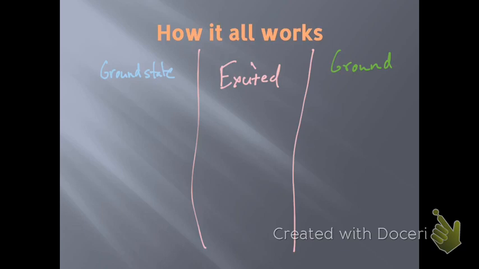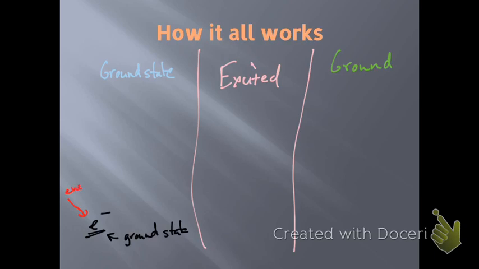Let's imagine we have an electron hanging out at a ground state. All of a sudden we have light, or a photon, hit.